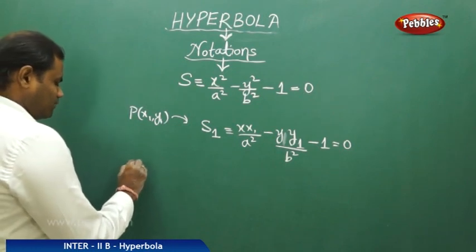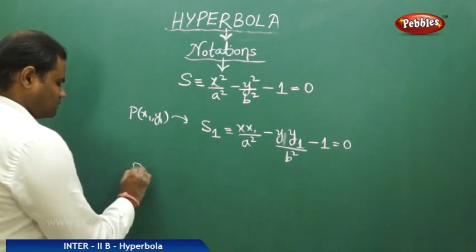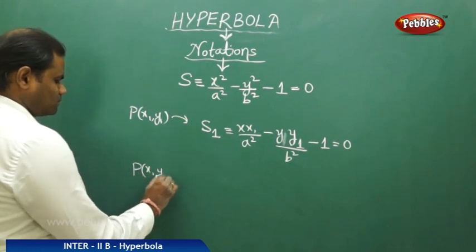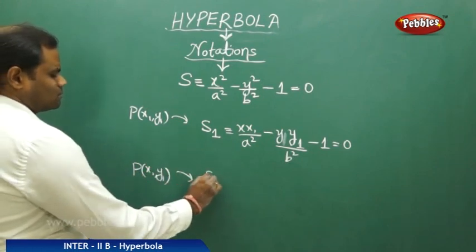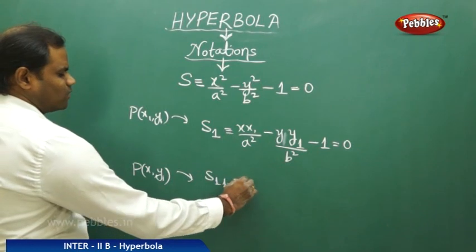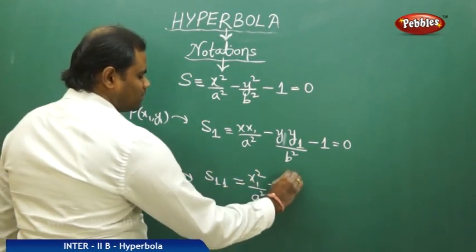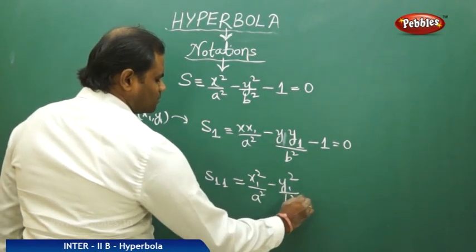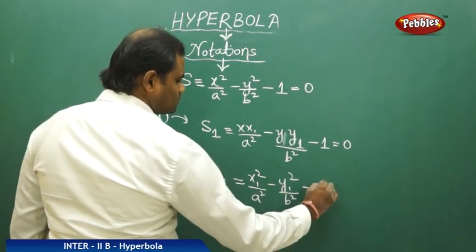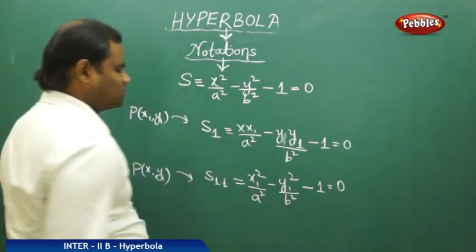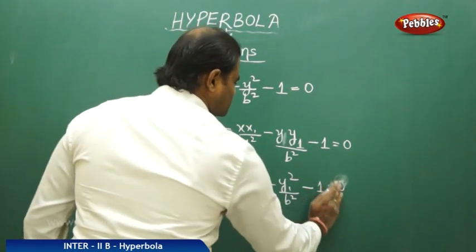Then its corresponding S11 is denoted by x1 squared by a squared minus y1 squared by b squared minus 1, and it's not equal to 0.